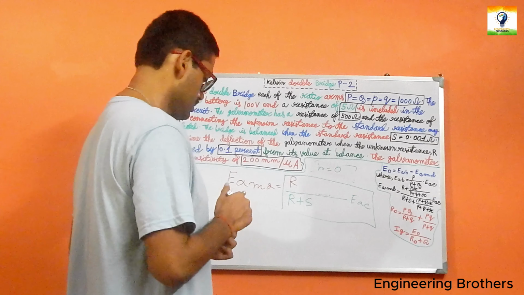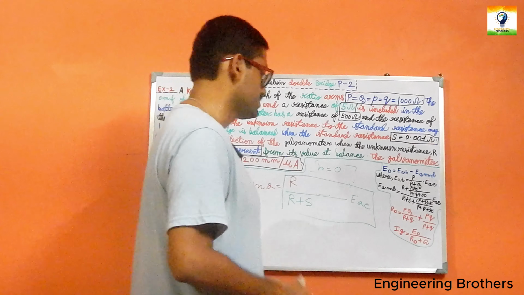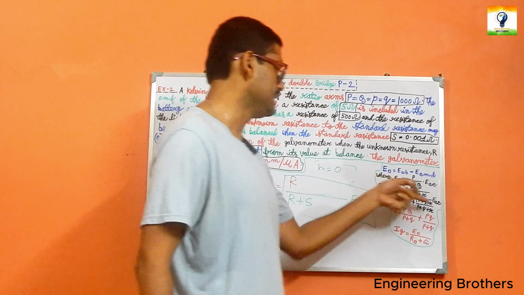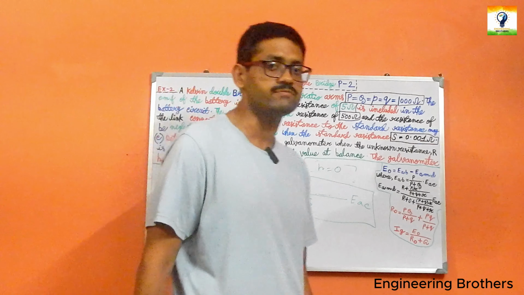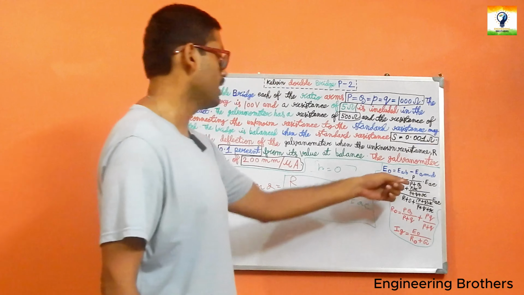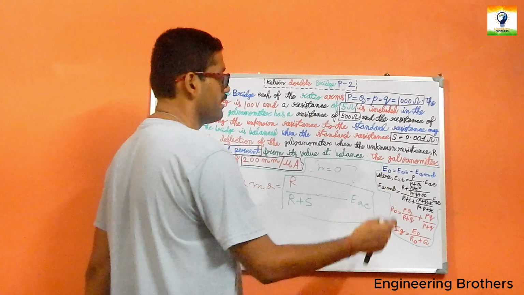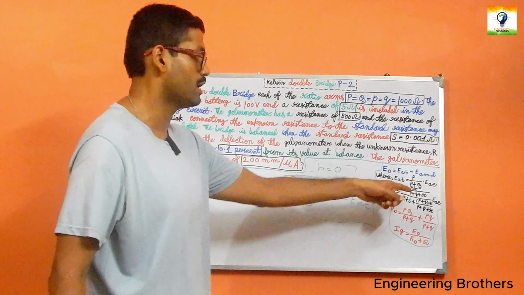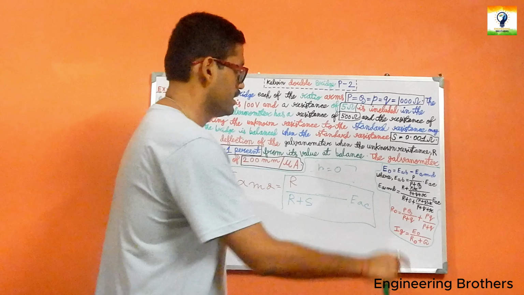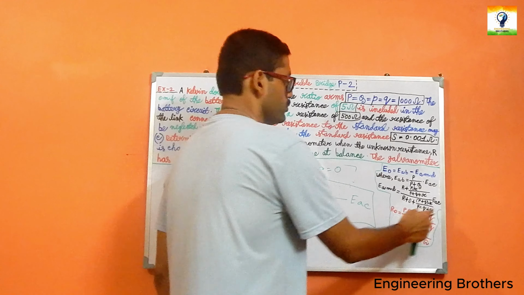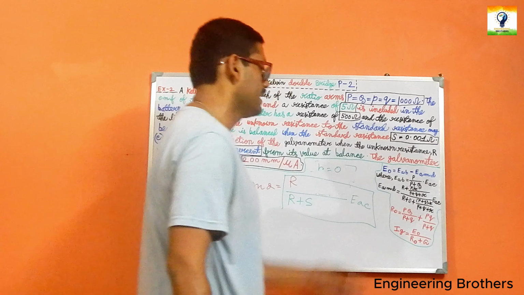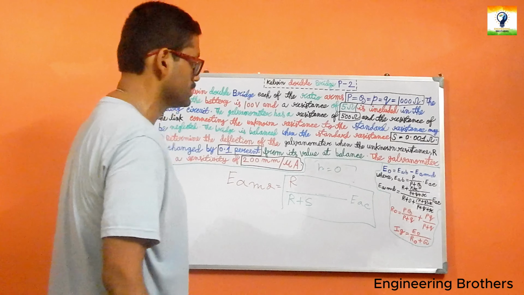I want to repeat this once again. This is our total EAMD expression. But in this present problem, as I have taken the small r as negligible, after putting small r as 0, I eliminated this portion from the numerator and this portion from the denominator.